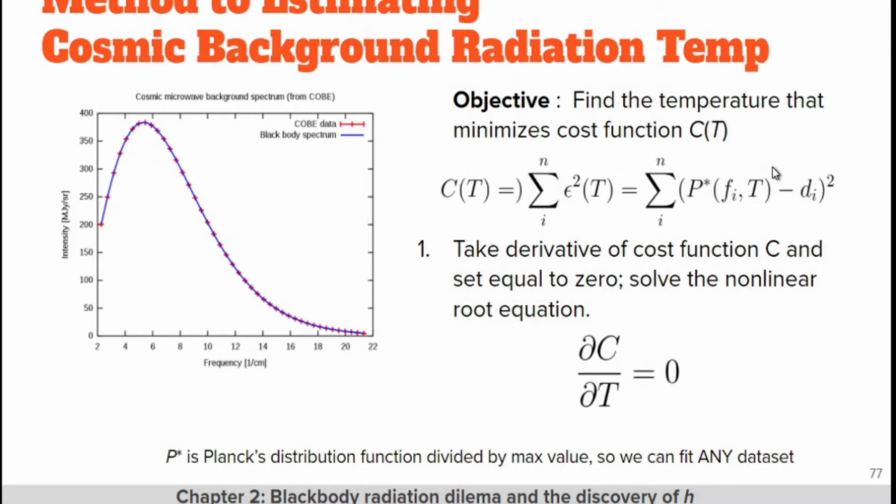In order to do that, all we've got to do is take the derivative of the cost function with respect to the variable that we're talking about, which is temperature, and set that equal to 0. And this is the way we're going to find this out.